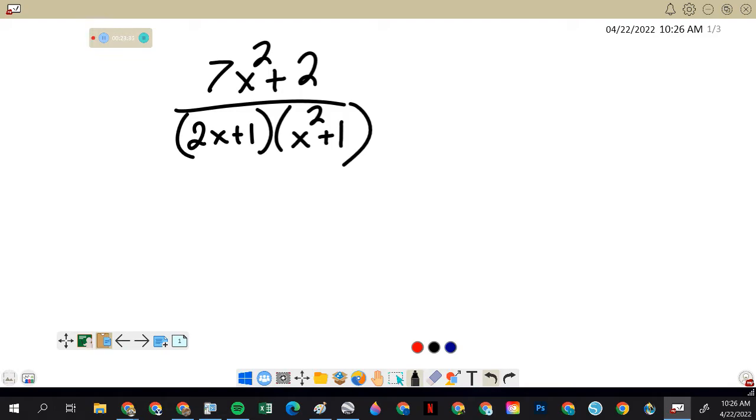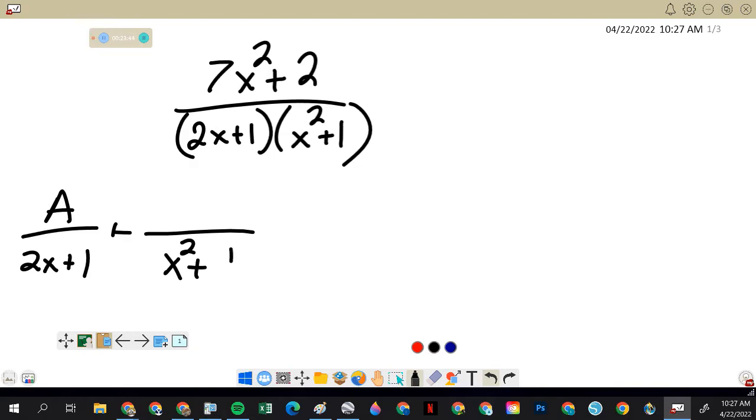But when we do a over 2x plus 1 and then something over x squared plus 1, for reasons that are hard to understand, no, it's not that hard.